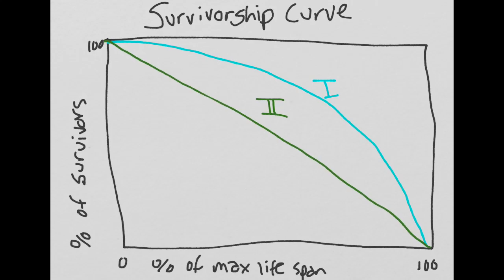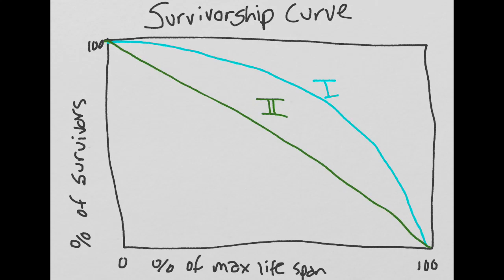And it could do that all through the rest of its life. It could get hit by a car. It could be whatever. So there are risks throughout the lifetime, which means the rate at which, on average, the species dies is pretty consistent.